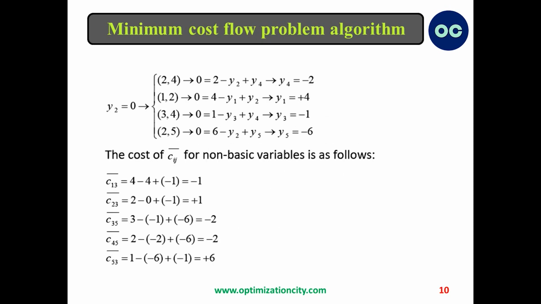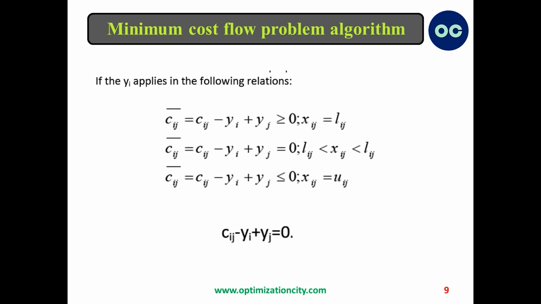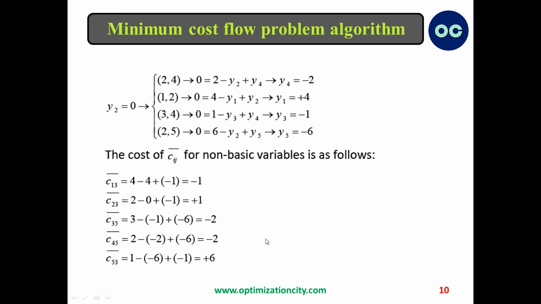If we set y2 equal to 0, using Cij minus yi plus yj equal to 0, where 0 is the Cij bar for the basic arc, y4, y1, y3, and y5 can be calculated. Then the Cij bar for the non-basic variables are found.